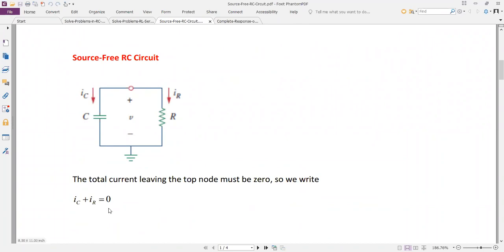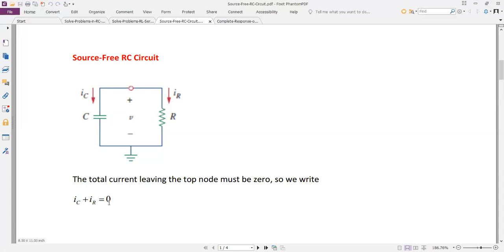I'm not so sure if this was discussed in the physics of the CHE because their physics is only 1, whereas the ECEs have 2 physics in their new curriculum. So if you have 2 physics, this particular nodal analysis in circuits is discussed in physics 2. I'm not sure about the CHE. So this one, class, is something that you need to know. When you do nodal analysis, the sum of the currents entering a node or leaving a node is always equal to 0.